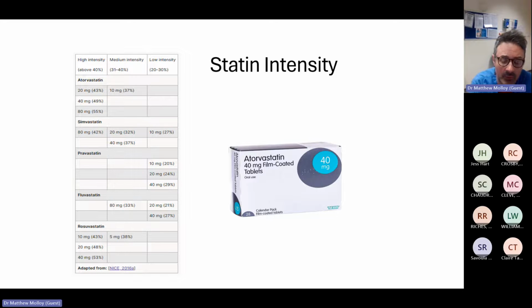Certainly in our PCN, we're not switching people over unless their LDL cholesterol is significantly raised and we think we need to change. If they're established on one of the other statins, we're not changing.